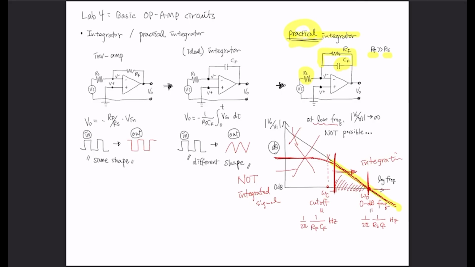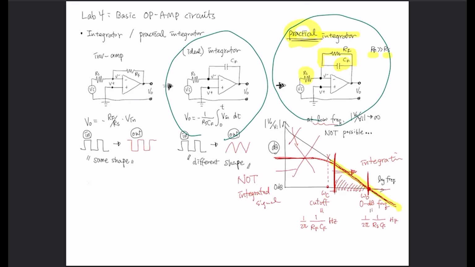Okay, so this is the integrator, and in the lab we are going to form this ideal integrator and the practical integrator. For the ideal integrator, you're going to measure your frequency at this point, and for the practical integrator, you are going to measure your output and input voltages at low frequency, somewhere mid frequency, and somewhere like high frequency.